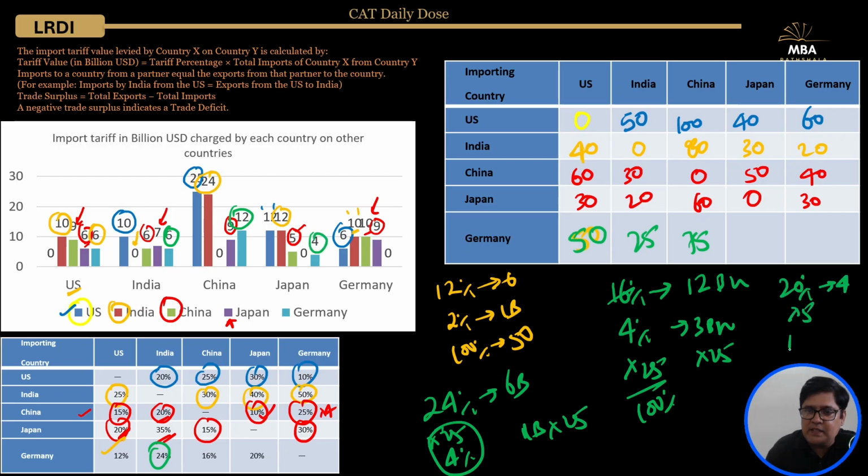So 5 times is 100 percentage, 20 billion. So now I know the table, that horizontal value represents how much the country is importing. If I want to think in reverse, if I add all of these, this is 100, 200, 250. USA imports 250 crore worth of goods.